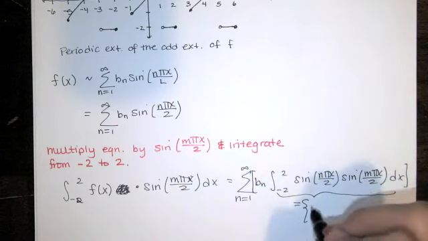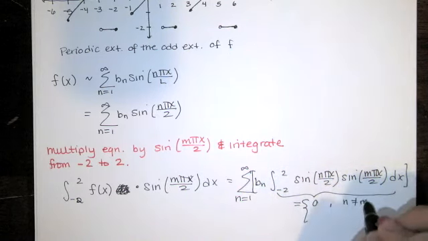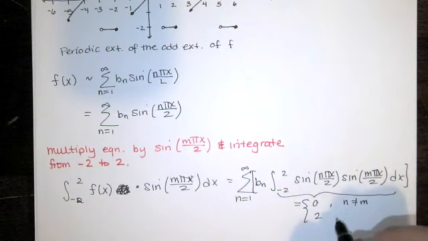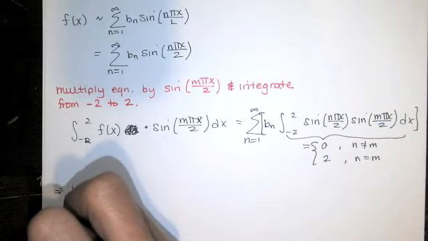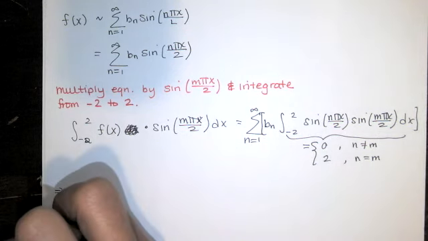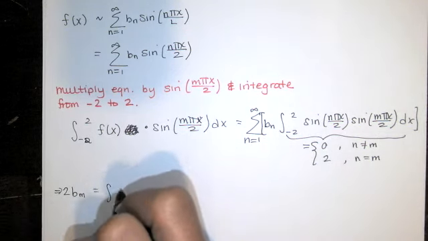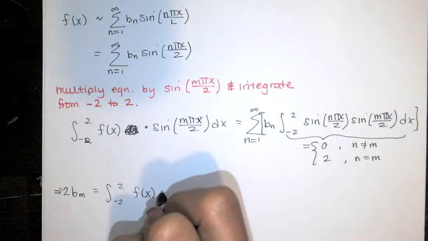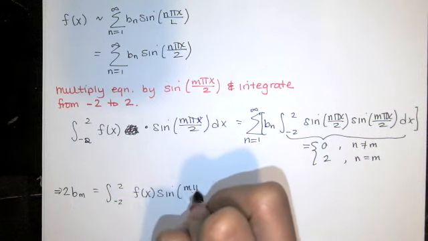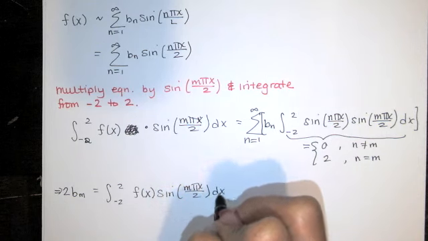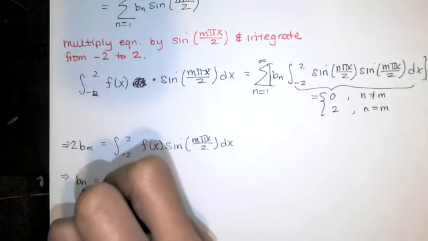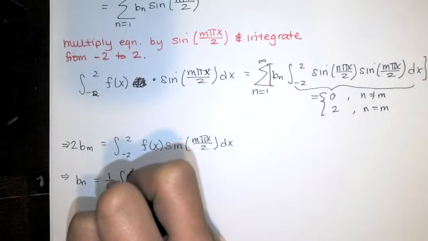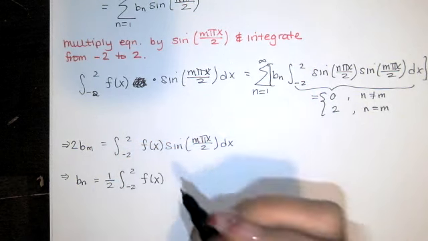This is going to be 0 most of the time, but it'll be equal to L, which in this case is 2, when the angles are identical. So what we'll end up with is b sub m multiplied by 2 is equal to the integral from negative 2 to 2 of f of x times sine of m pi x over 2. Of course, we could change from m back to n, as we often do. And then we have this.